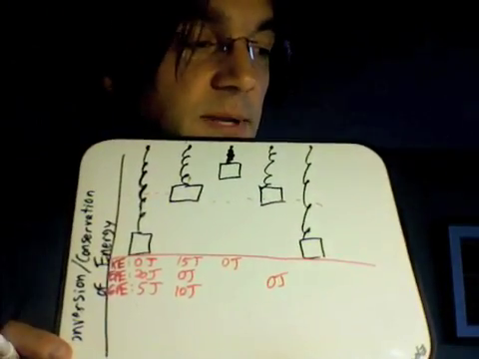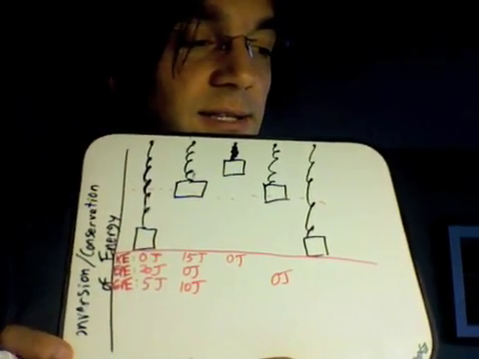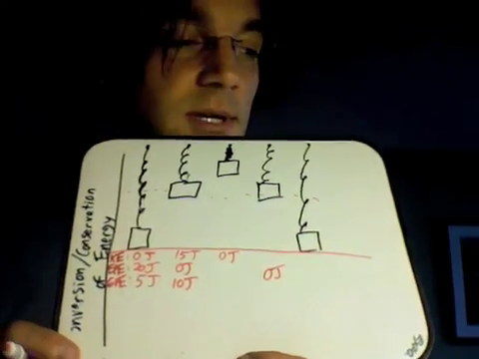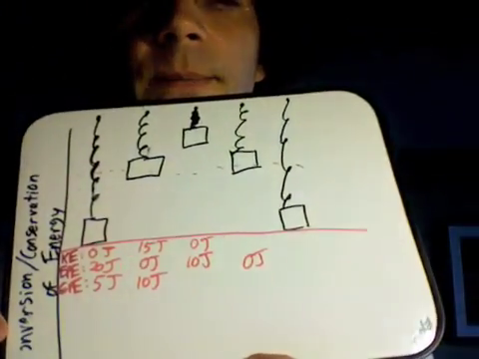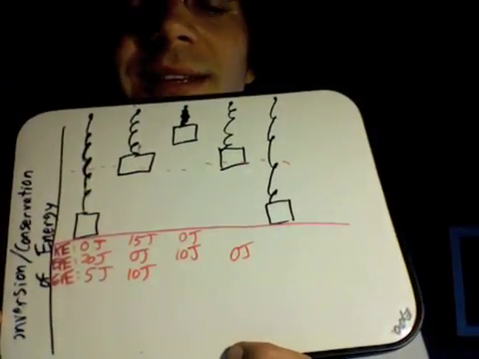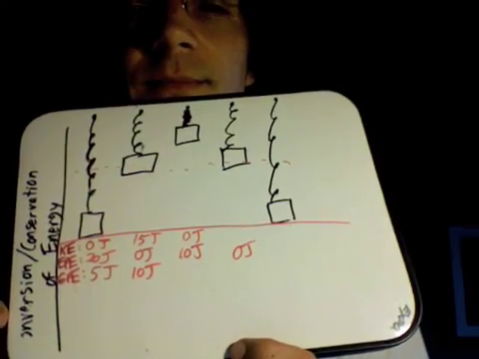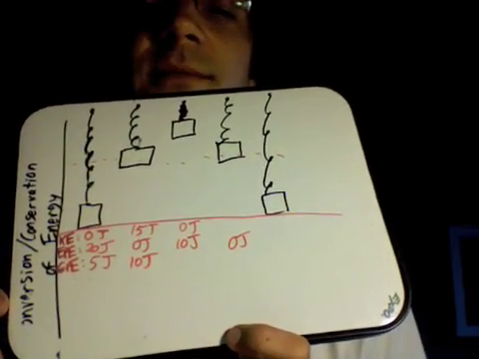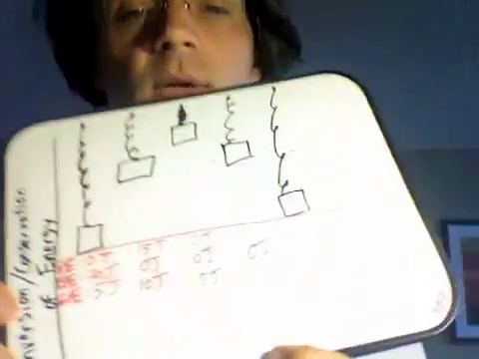Well, what about EPE? Let's say that it stores 10 joules of potential energy in the elastic squishing of that spring. Then how much gravitational potential energy must it have? Yeah, this math is easy. 15. Okay?